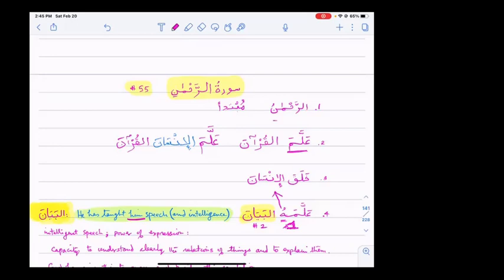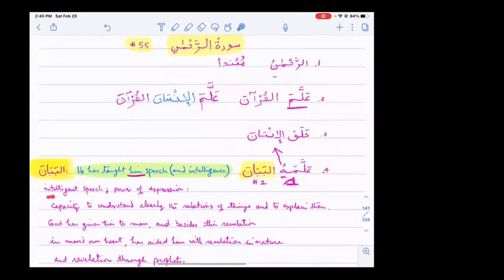Now the scholars help us with al-bayana. He has taught him speech and intelligence. That is the meaning of al-bayana. Then scholars write even more detail: intelligent speech, power of expression, capacity to understand clearly the relations of things and to explain them.